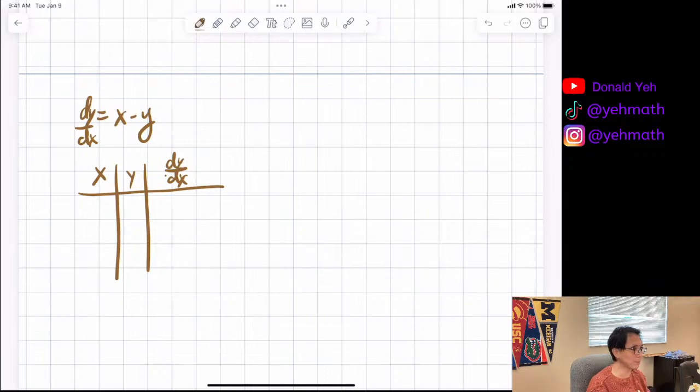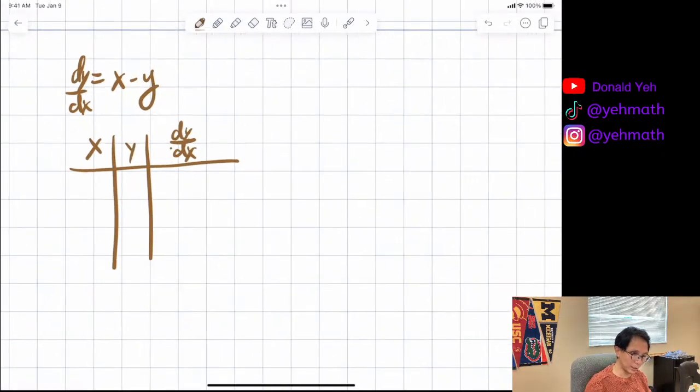Most of the time x plus y, or x over y, are fairly easy. But with x minus y, if they have the same numbers, for example 1 and 1, that's going to give you 0. Does that make sense? Because 1 minus 1 is 0.